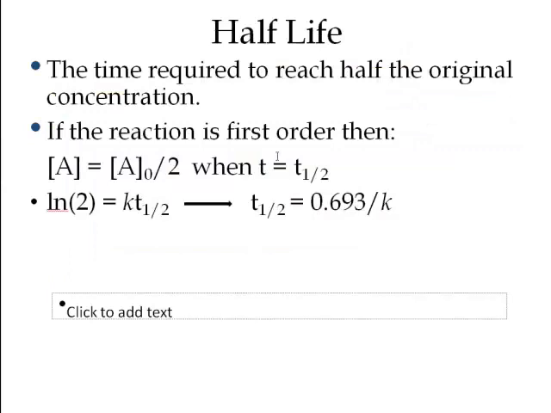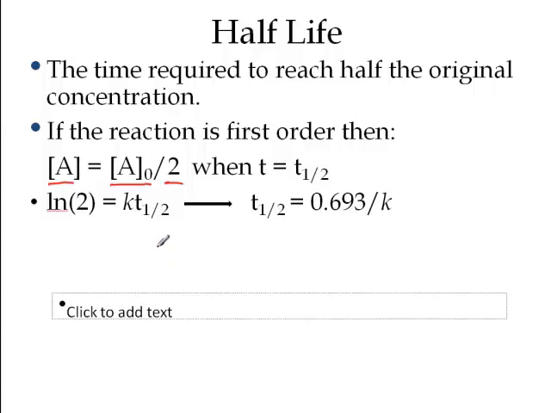Okay, so as I've got right here, the half-life is how much time it takes to reach half of the original concentration. It's pretty straightforward for one of the reactions, and the other one you have to think about it. So basically, the half-life is the time it takes for the concentration to go down by half.